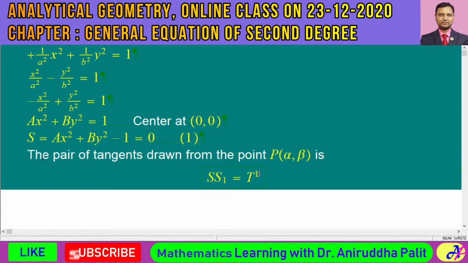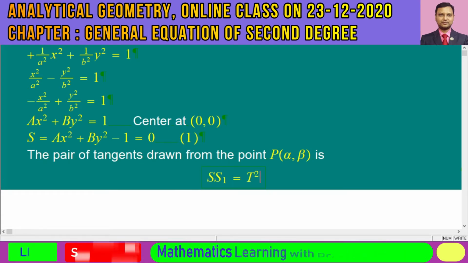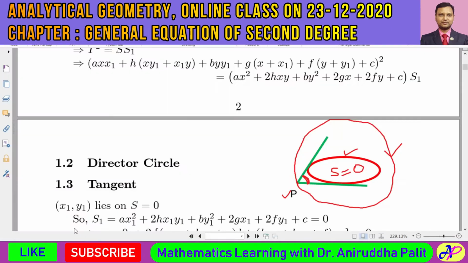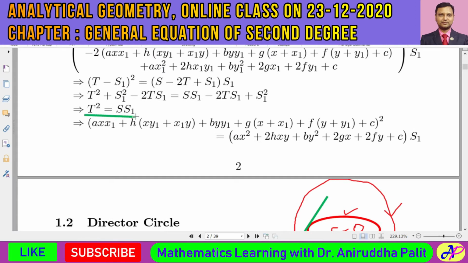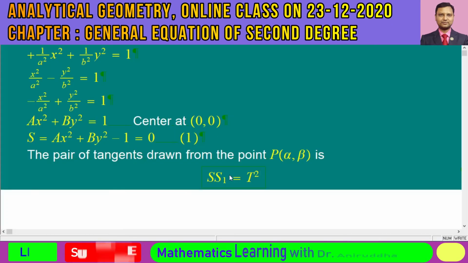We got this formula in our previous class. Over here the formula was T square is equal to SS1. Got it? So we are applying this formula over here.